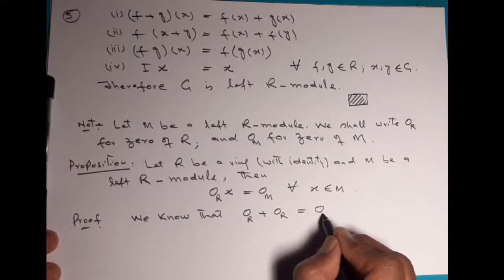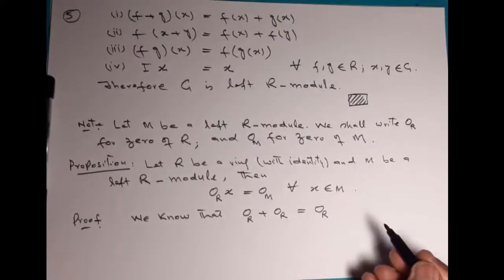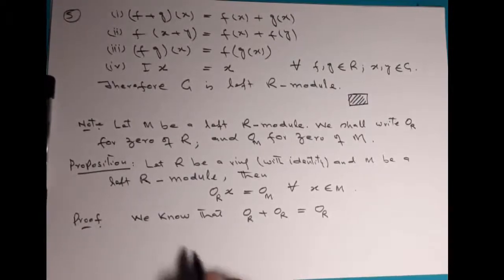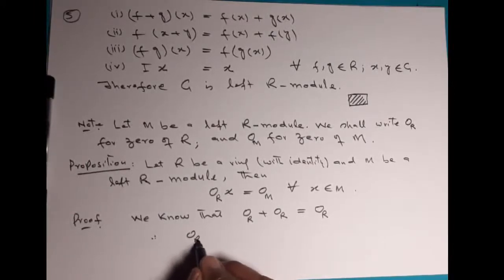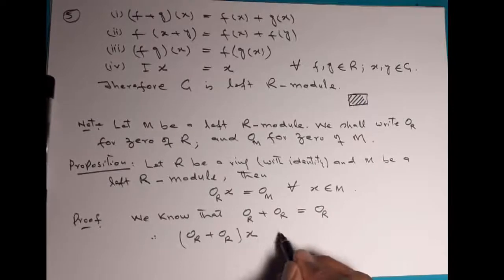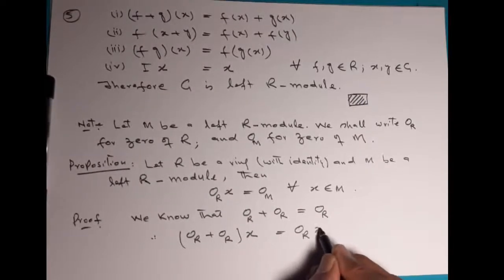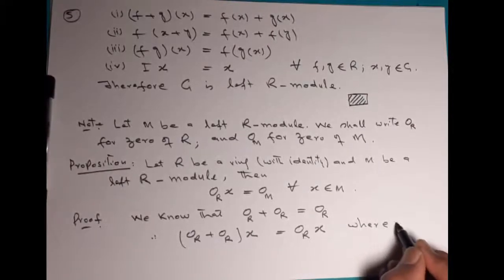So 0 of ring R plus 0 of ring R is equal to 0 of ring R, and therefore 0 of ring R plus 0 of ring R multiplied with x is equal to 0 of ring R multiplied with x, where x belongs to M.